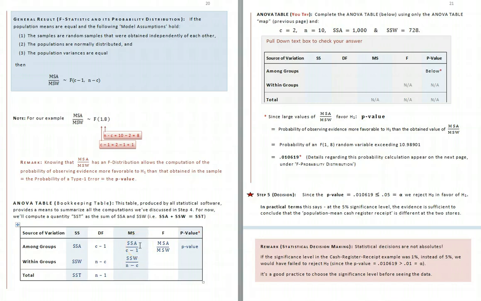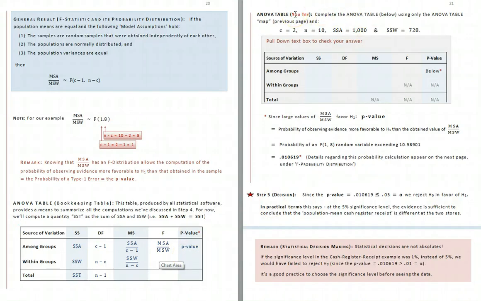Having obtained MSA and MSW, you simply divide MSA by MSW, and you get the value of the F statistic. And finally, you'll have to compute the p-value, which we'll talk about also in several pages when we talk about the F distribution.